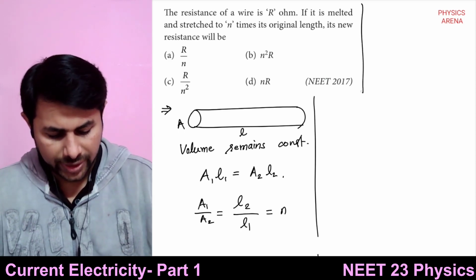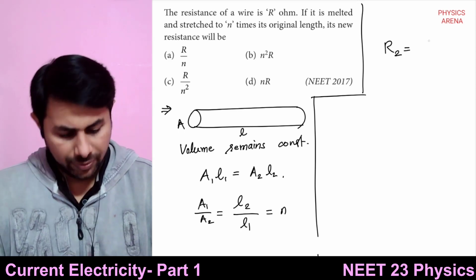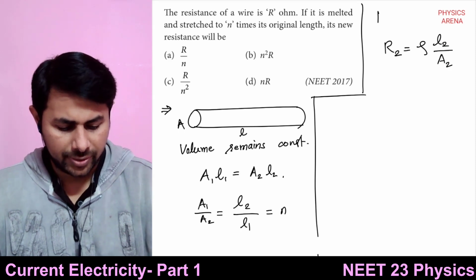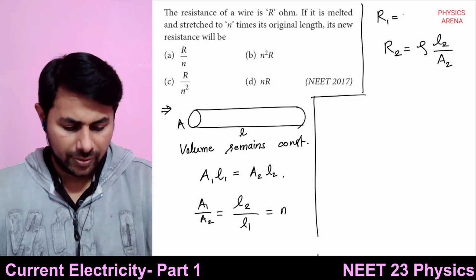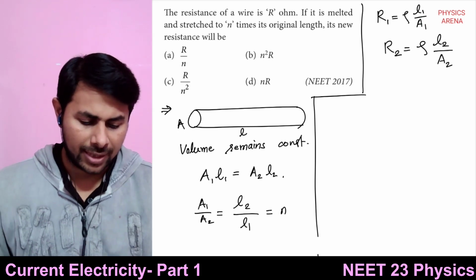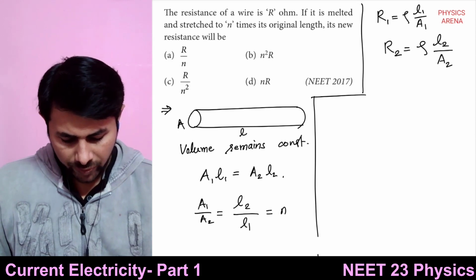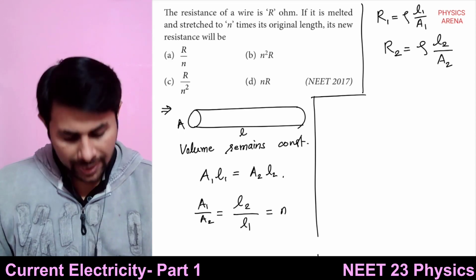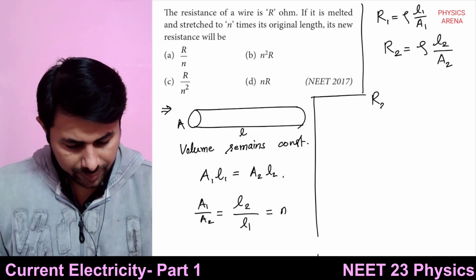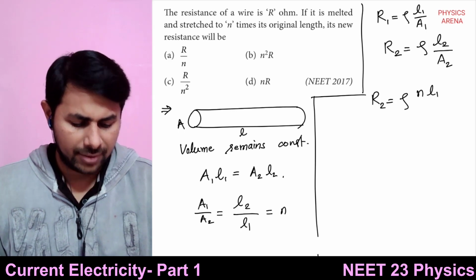Now we want the new resistance. The new resistance will be R2, equal to rho multiplied by L2 upon A2. The original resistance is R1, which is rho multiplied by L1 upon A1. Now what is L2 in terms of L1? n times L1.